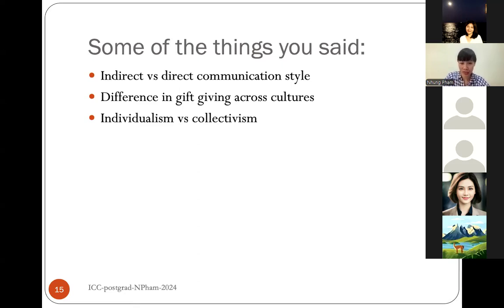So on the surface, on the language level, it is indirect, because it's actually not asking the listener to open the door or to turn the light on. Literally, it is asking about the ability of the listener. So instead of saying open the door or turn the light on, you are asking about the ability of the other person. If that person has that ability, he or she may turn the light on or open the door.